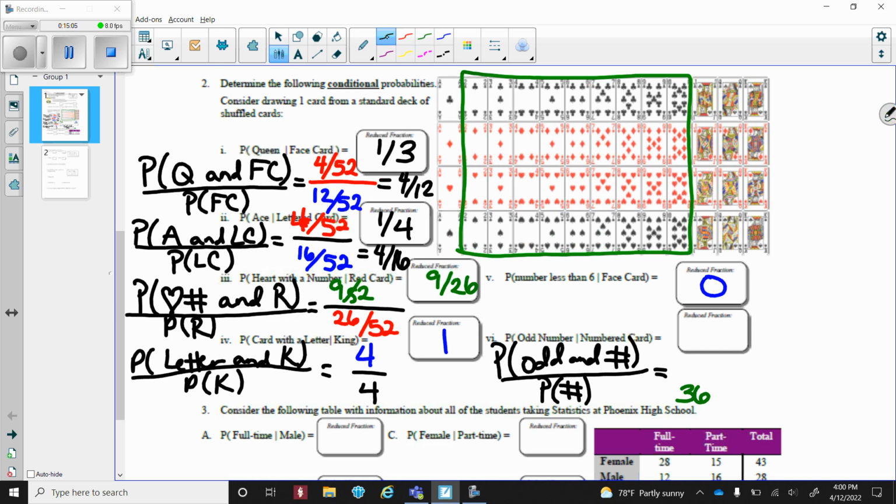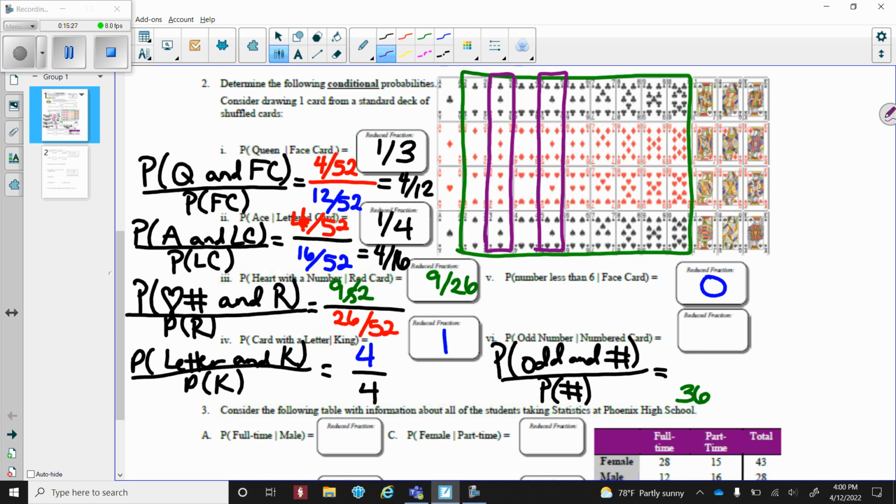I also want to figure out how many of those that I've blocked off are odd numbers. So when we're looking at this, 2 is even. I'm not going to look at that. But 3 is odd, so I'll block that off. 4 is even. I'm not going to block that off. But 5 is odd.